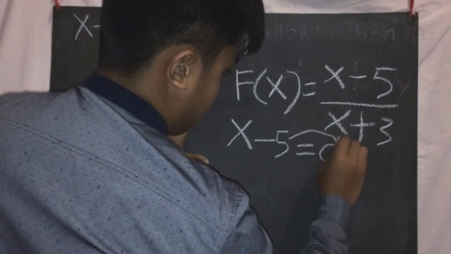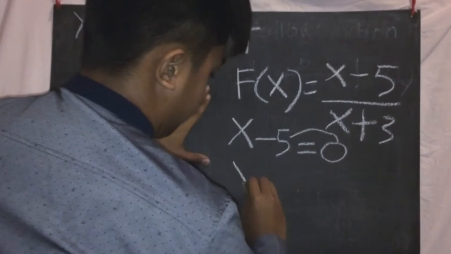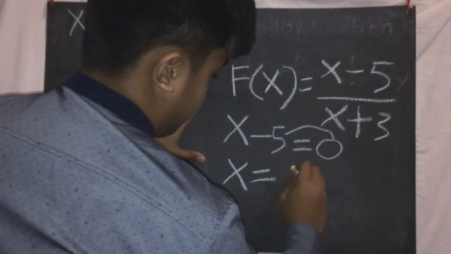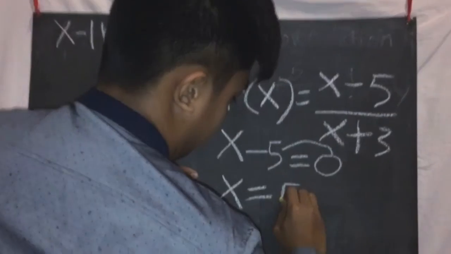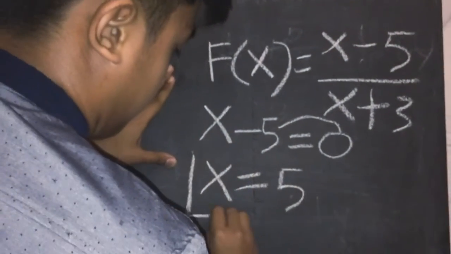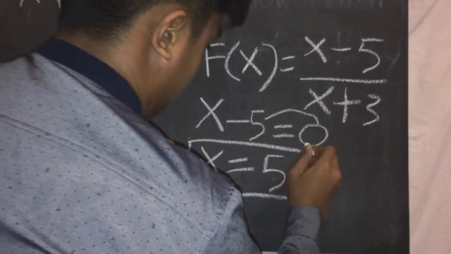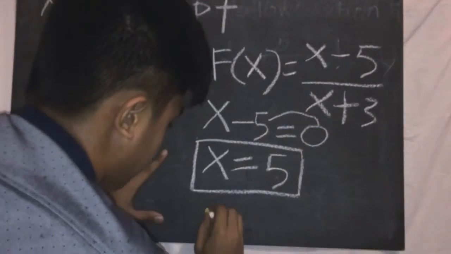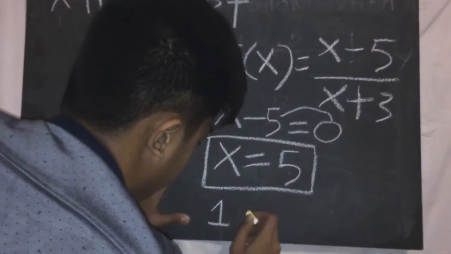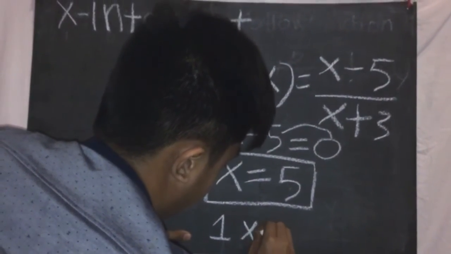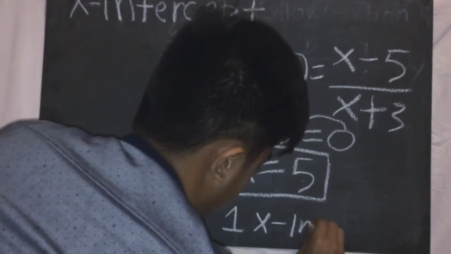Then we need to transpose the negative 5 to make it positive, so it becomes x equals positive 5. Therefore, it has one x-intercept.